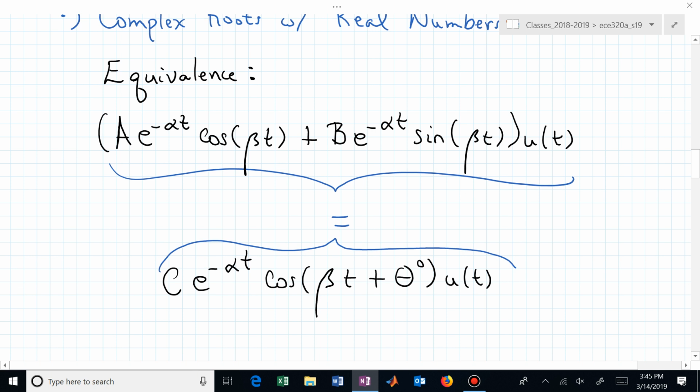Sometimes it's easier to visualize one cosine that's exponentially damped versus, wait a minute, I have an exponentially damped cosine and an exponentially damped sine. You want me to draw both of those and then add them up? Well, that's what the top one says, but the bottom one says you have one that's shifted in time, but it's just an exponentially damped cosine.